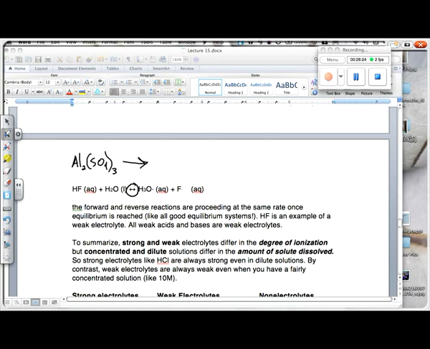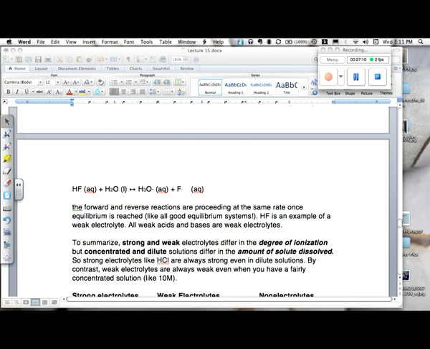This one dissolves quite well, and if we wrote this in its ionic form, this is what we would write. When one aluminum sulfate breaks apart, you produce 5 ions. I use the single arrow that points to the right, meaning that all of the aluminum sulfate becomes aluminum and sulfate. That is not true for weak electrolytes. Only a few of them do, so we use the double-sided arrow, which implies an equilibrium system, and you will study that in detail in 132.